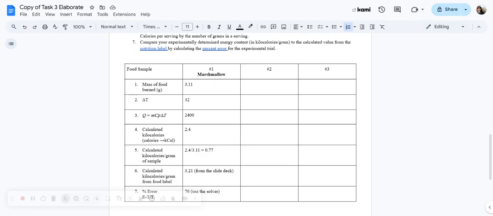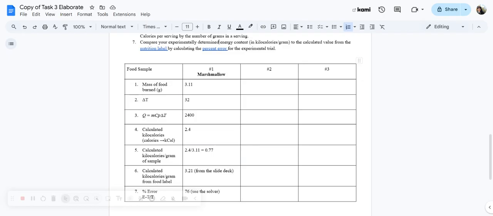I'm going to calculate the number of kilocalories per gram of sample because I know the mass of my food burned in grams. So this was 2.4 kilocalories burned per 3.11 grams. So if I do that, I'm going to get 0.77 kilocalories per gram of sample.